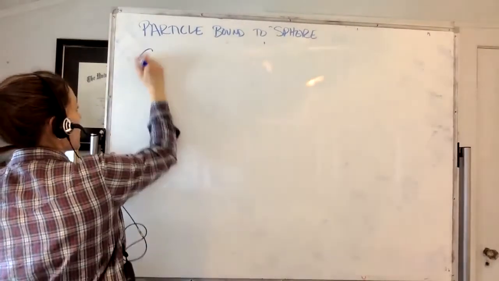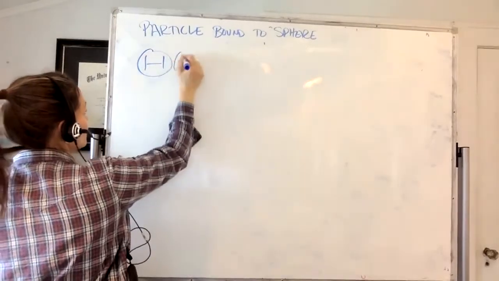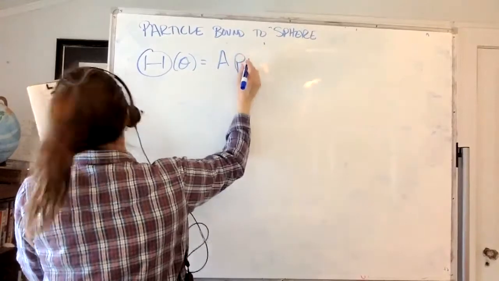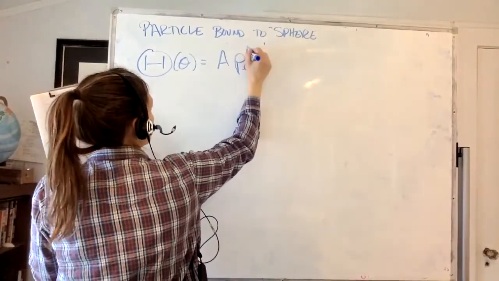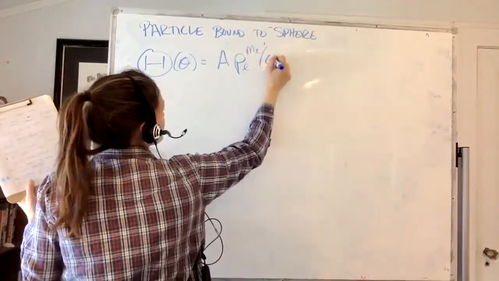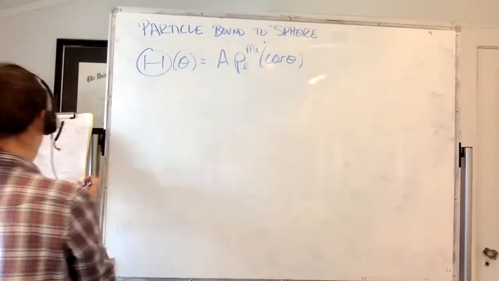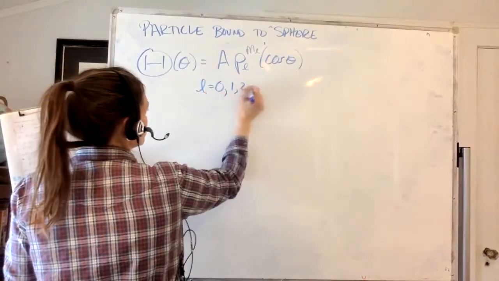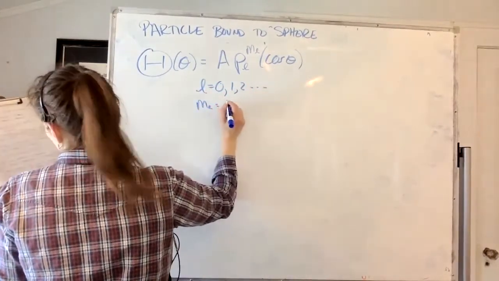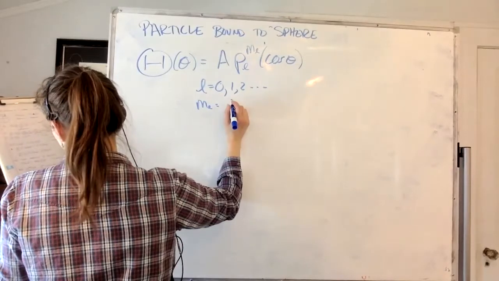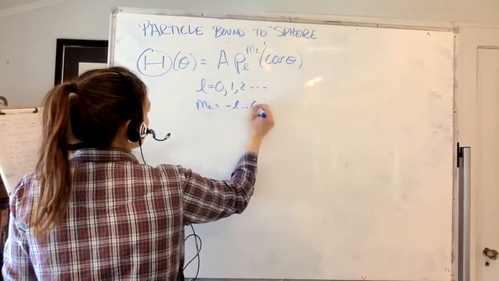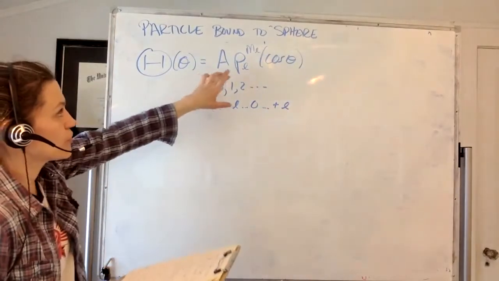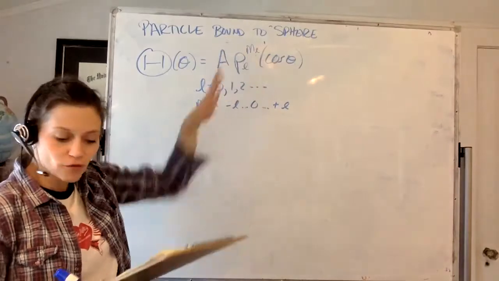All right, welcome back. We are going to now have our theta wave function, and that is equal to a constant A times a function P sub L superscript m sub L as a function of cosine theta. All right, where L equals 0, 1, 2, and so on, and m sub L equals minus L, 0, to positive L. Okay, so first of all, let me talk about what this notation represents.